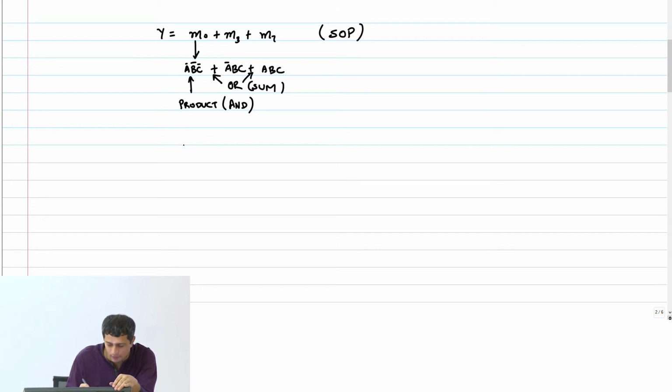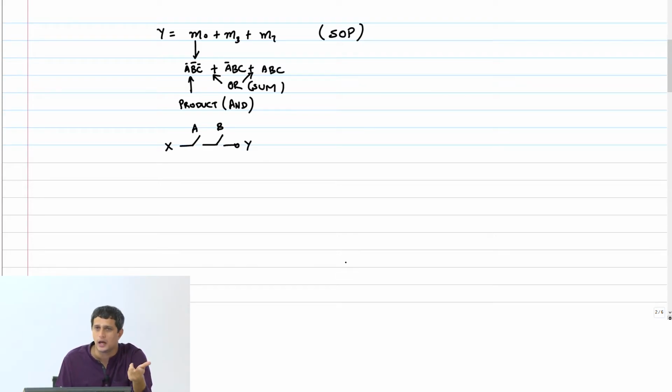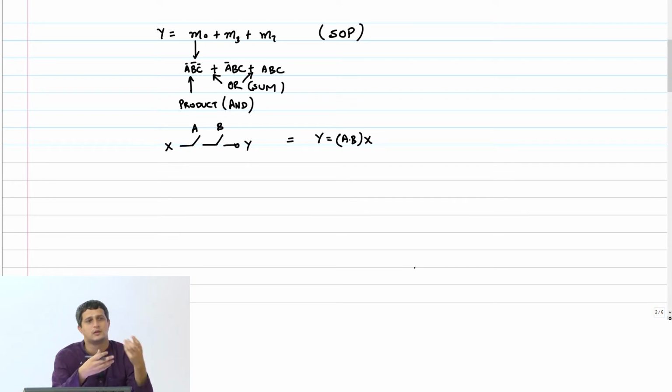So the point is, if I have any arbitrary switch, and I put two of these in series, controlled by signals A and B, then the signal X from here will go to the output Y when both A and B are closed, right? So this can be written as Y equals A and B into X. So there is a Boolean operation on A and B, and then it is passing the logic value X to the output Y, right?